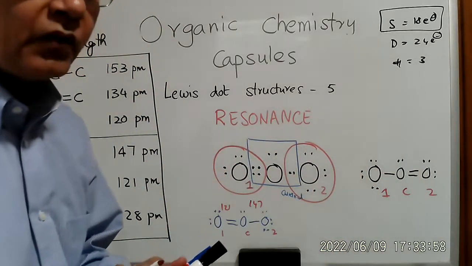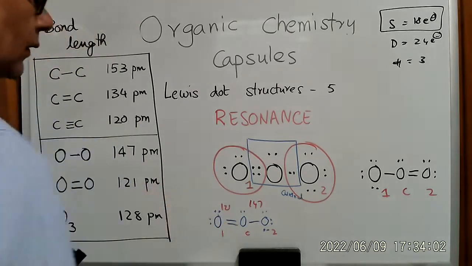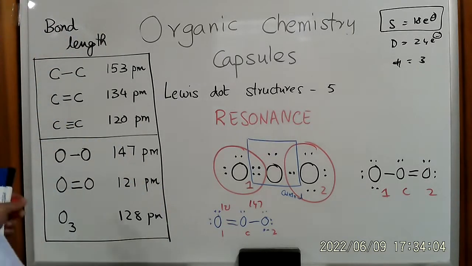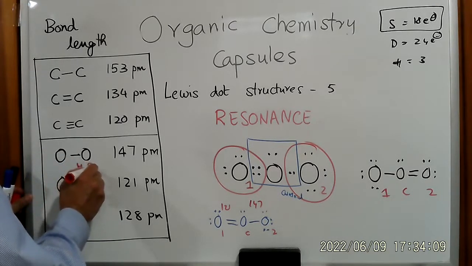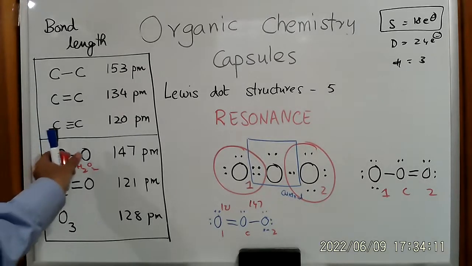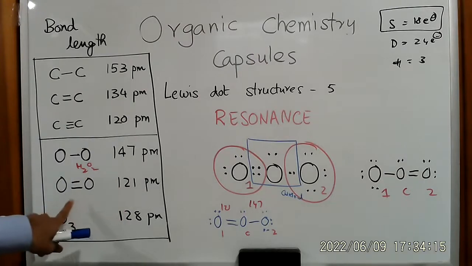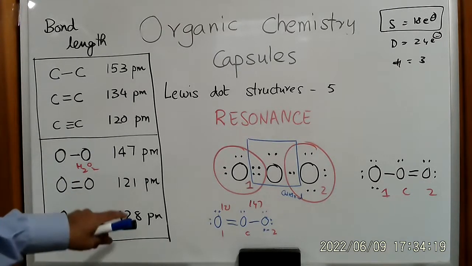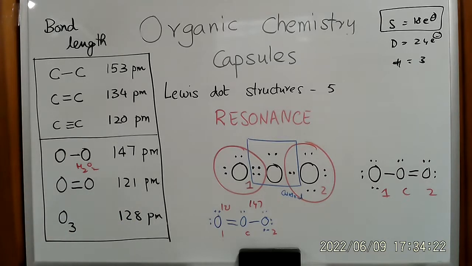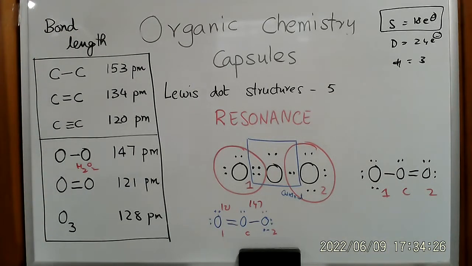Now, how do we prove that? Experimentally, people made measurements. The oxygen single bond length, like in H2O2, hydrogen peroxide, is 147 picometers, and the oxygen double bond, like in the oxygen molecule itself, is 121 picometers. So if ozone is either this or that, it should have two different bond lengths.